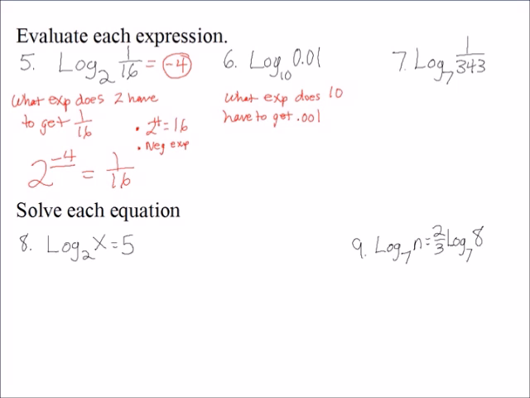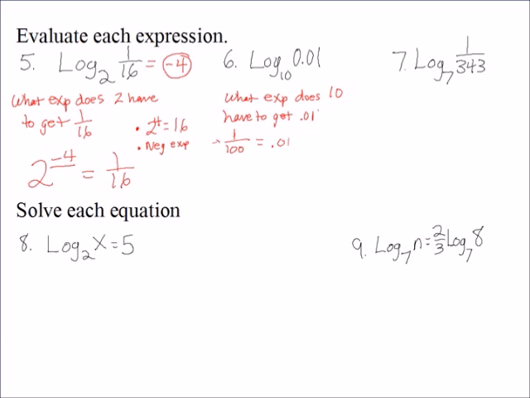Let's go ahead and switch that up a little bit. So this is supposed to be 0.01. So one thing that you need to know is 0.01 is going to be 1/100. So 1 divided by 100 is going to be equal to 0.01. First thing you need to know.